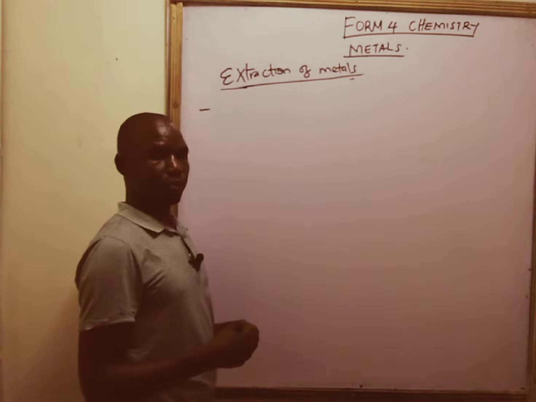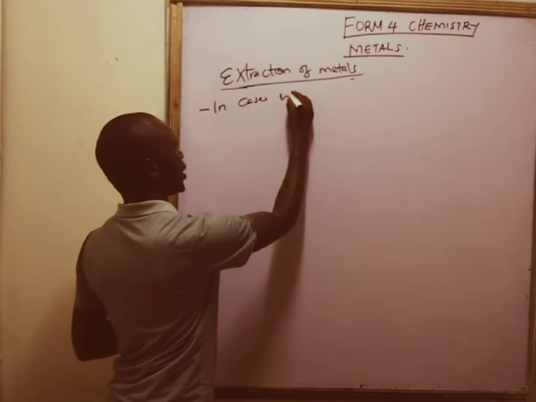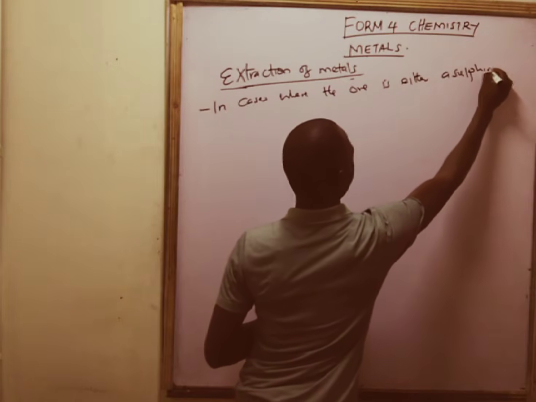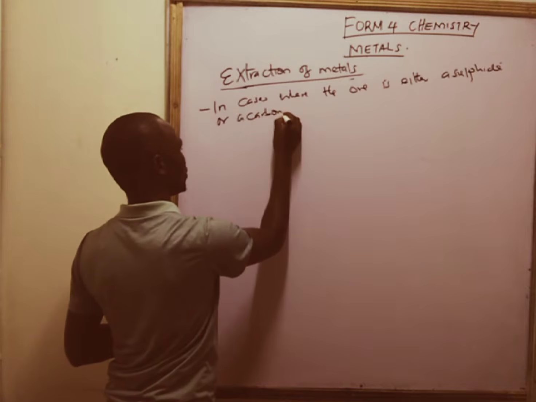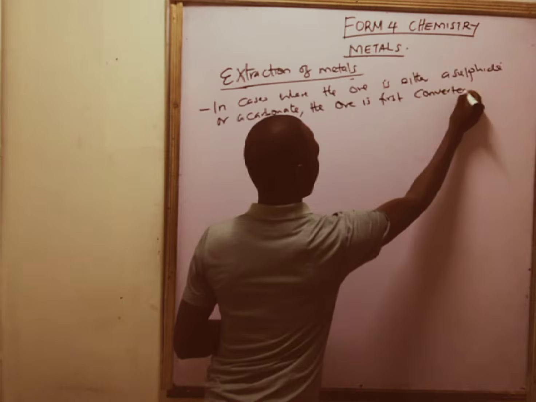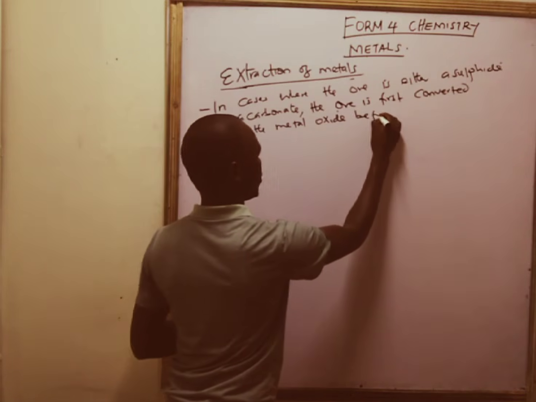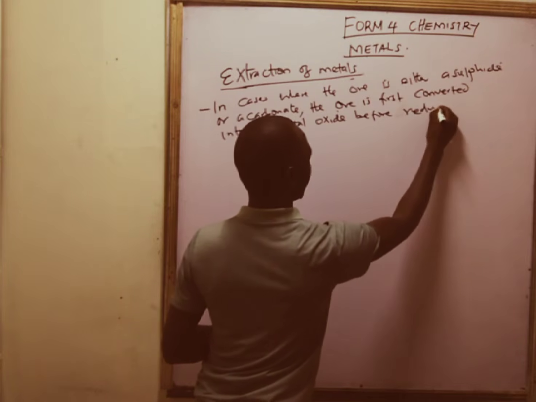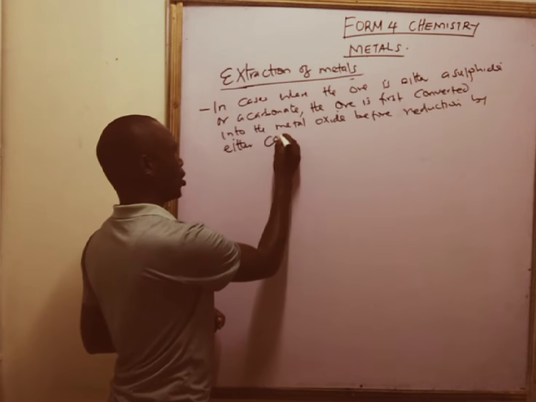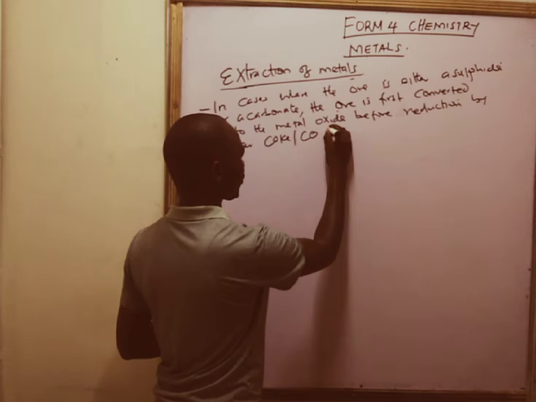Another important thing that we need to realize from this particular method is that in cases where the ore is either a sulfide or a carbonate, the ore is first converted into the metal oxide before reduction by either coke or carbon 2 oxide is done.